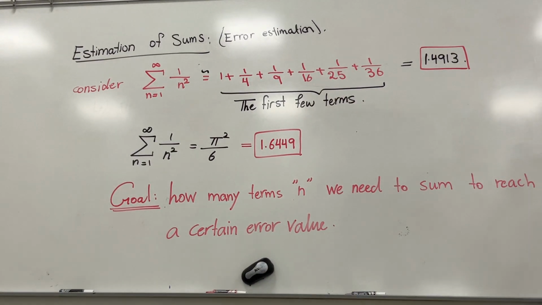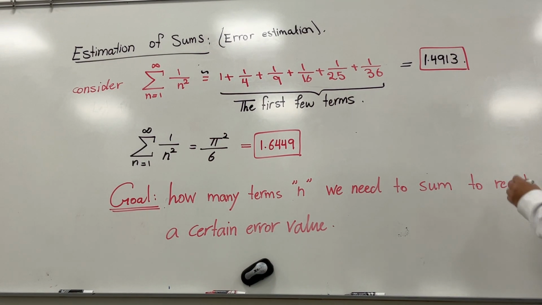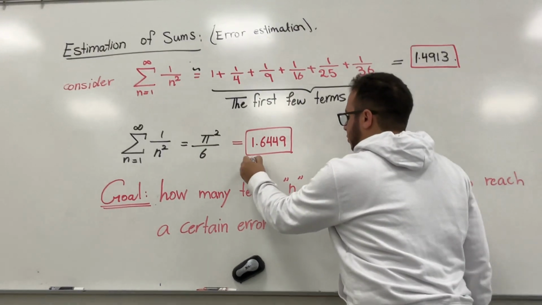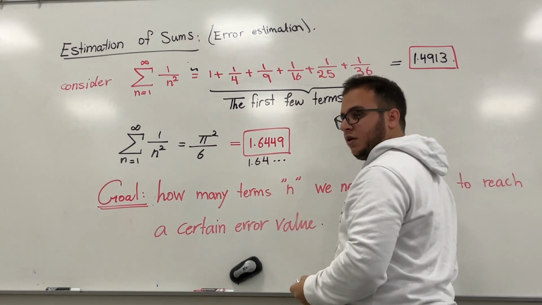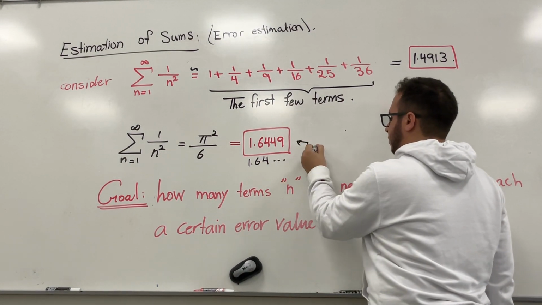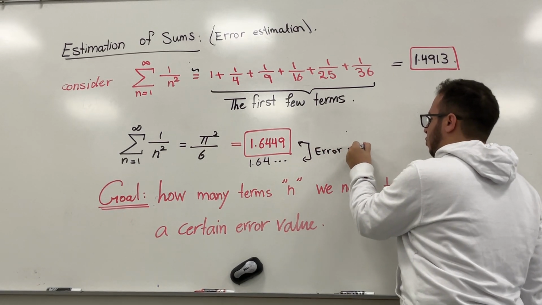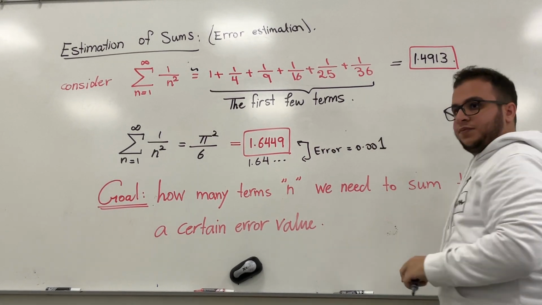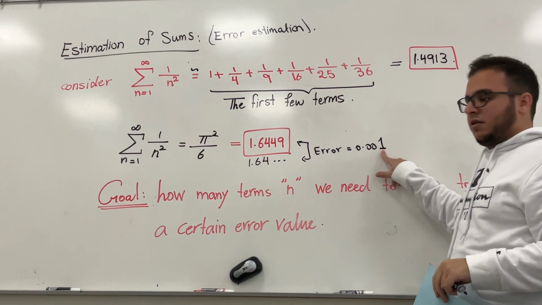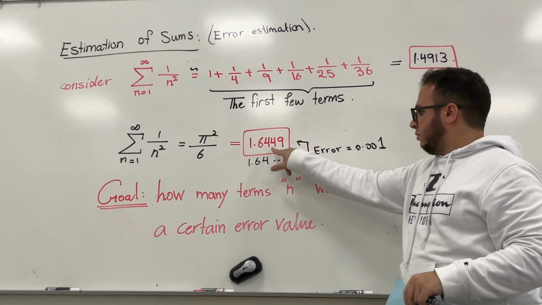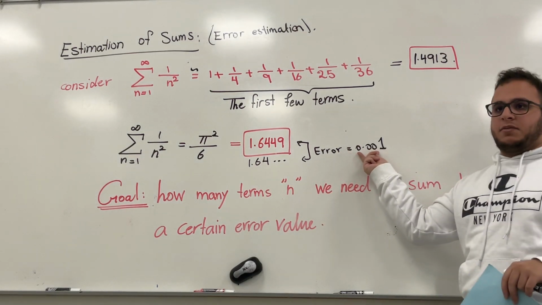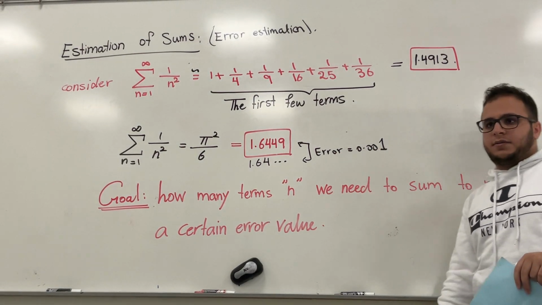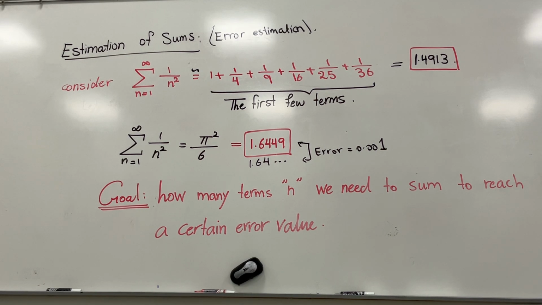Okay? So if I want the error to be 0.001, then what should I use? 1.64 and then something. I don't know. 0.001 means that the decimal at this position is the one that is different. Okay? And everything else should be the same, which means 0.0. Is that clear? This is what we need.